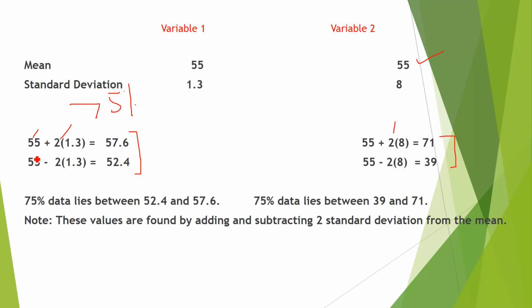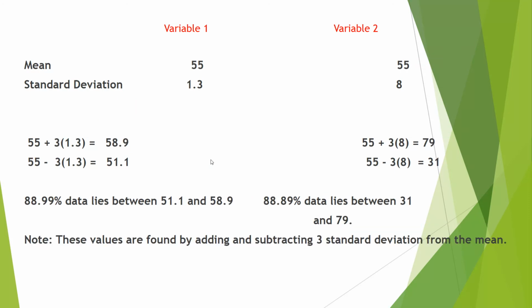This is the mean, by adding 2 standard deviations and subtracting 2 standard deviations. So we will find the range in which 75% of the data lies: this range, 52.4 to 57.6.